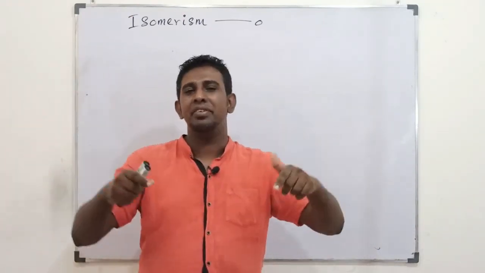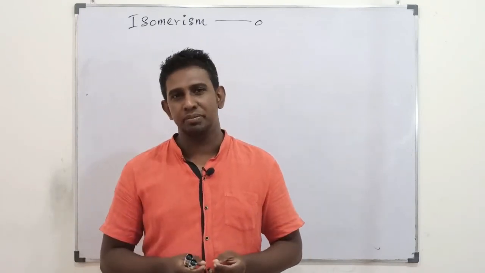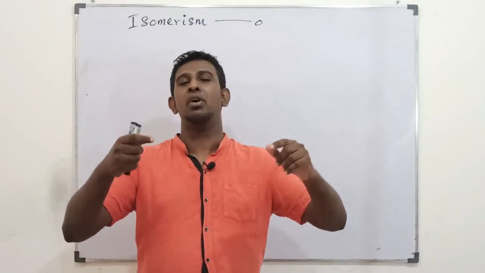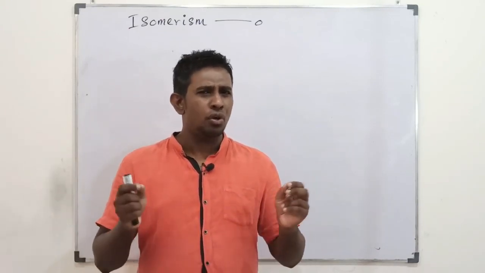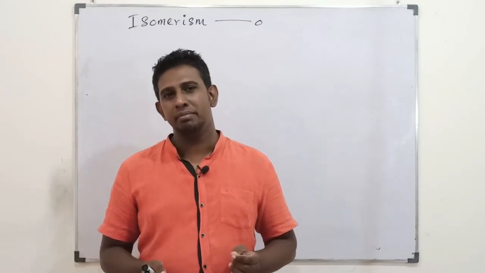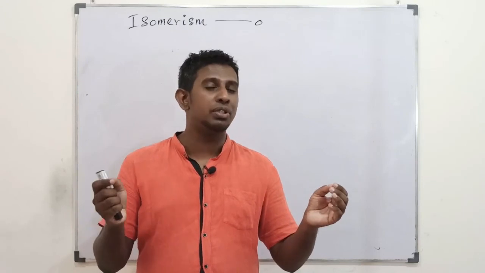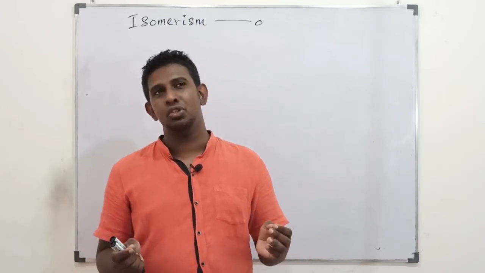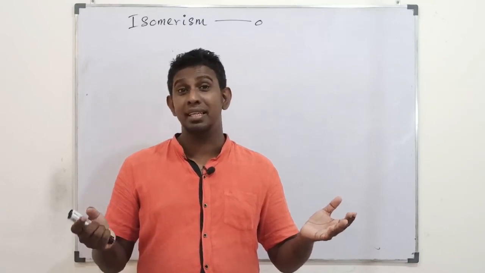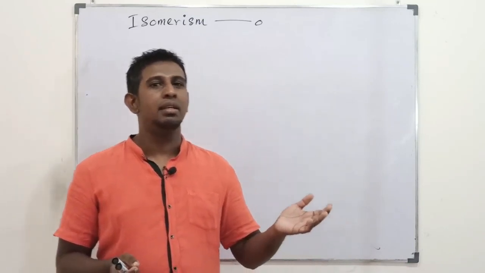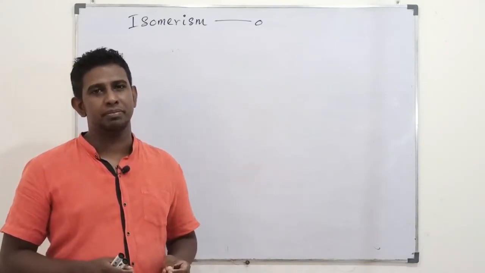What remains is just geometrical isomerism, which is what we are going to look at in our next video. So to round up here, we talked about isomerism, giving some clues regarding what these isomerism subcategories are: chain, position and functional group isomerism, as well as optical isomerism.